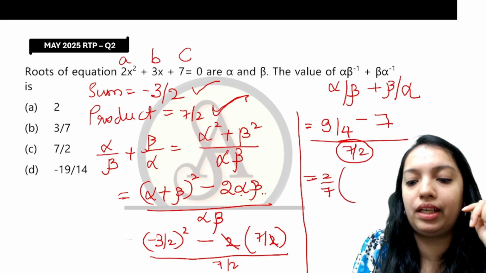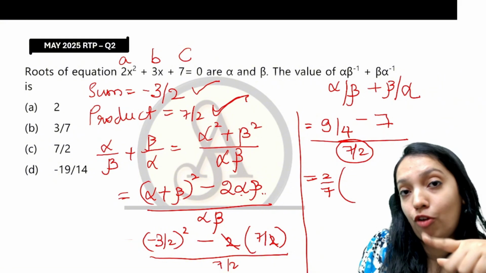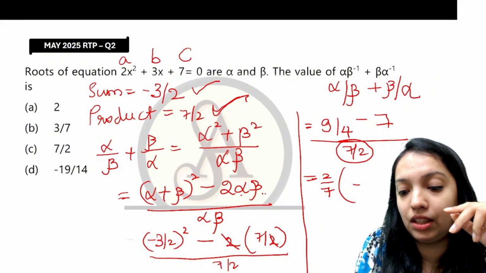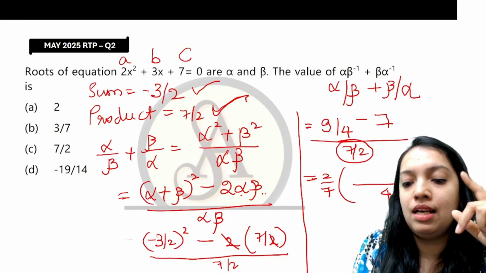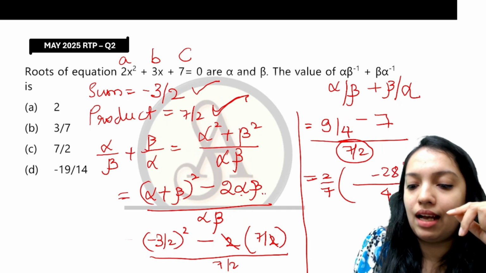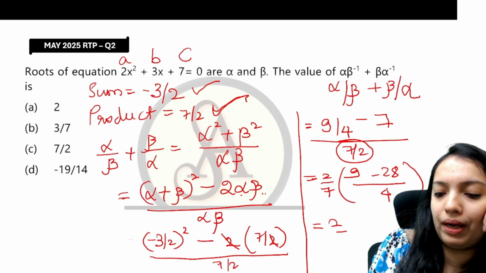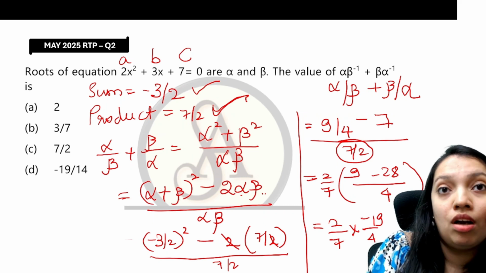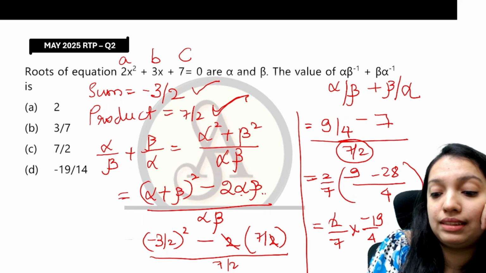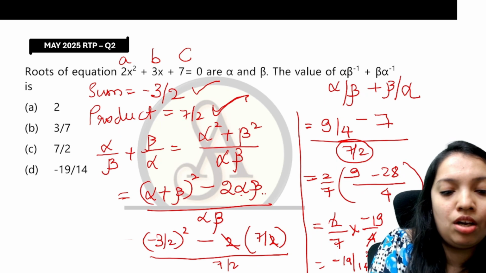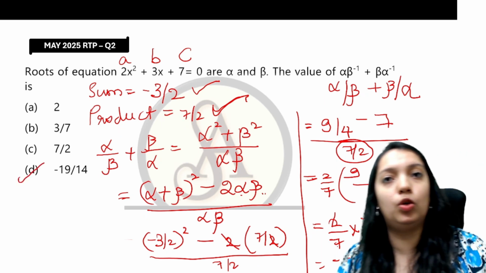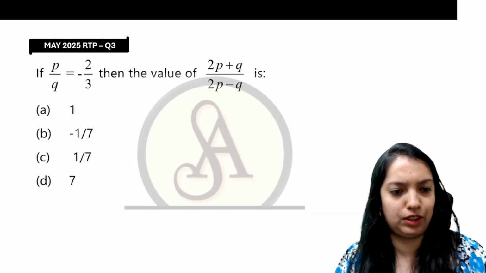Now let's do the numerator. 9 by 4 minus 7, take the LCM, it will become whole divided by 4. 7 fours are 28 and 9 minus 28 which is minus 19 divided by 4, so 2 by 7 into minus 19 divided by 4. What do I do in the next step? 2 ones are 2, 2 twos are 4, 7 twos are 14. So your answer is minus 19 divided by 14 which is option D. I hope this is clear to everyone. Let's go to question number 3.